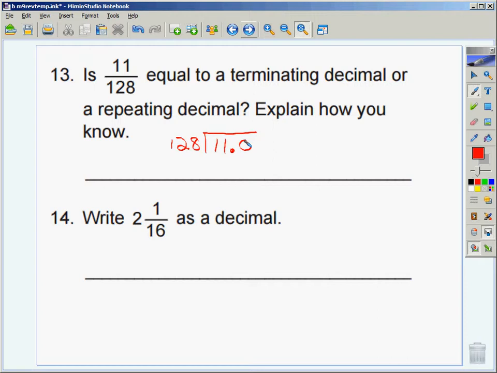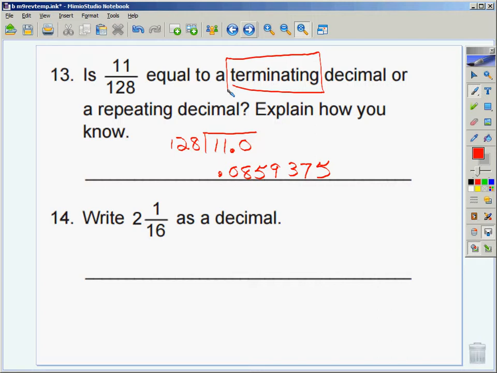And it does become 0.0859375. Now, because it's like this, you won't have one that's this long. You might have something like 3/8 or 2/4, where you don't have to do this amount of division. But because it does have an end, this is a terminating decimal.